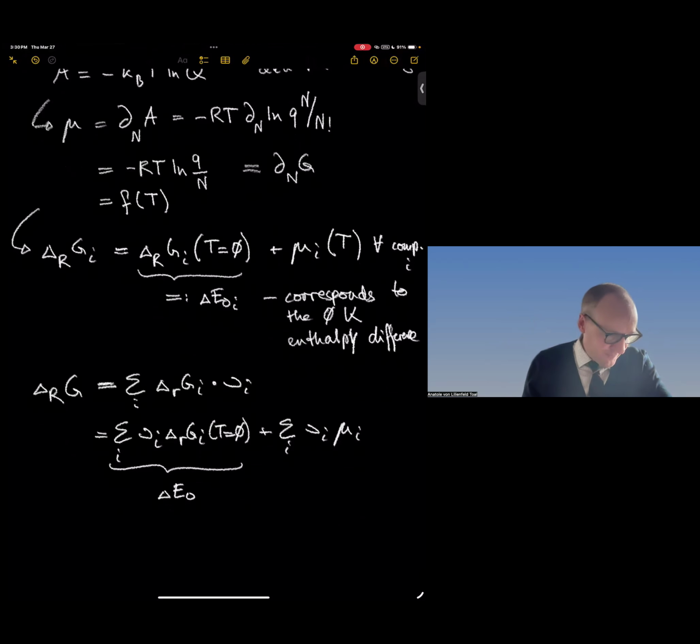And yet now you have here, when we insert our expression for mu, a sum over our components mu I, and now the logarithm of Q I over N. I forgot the RT in front of this. Okay.